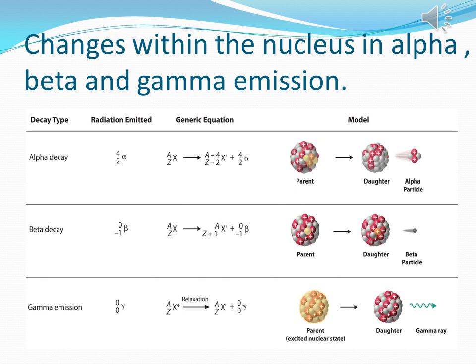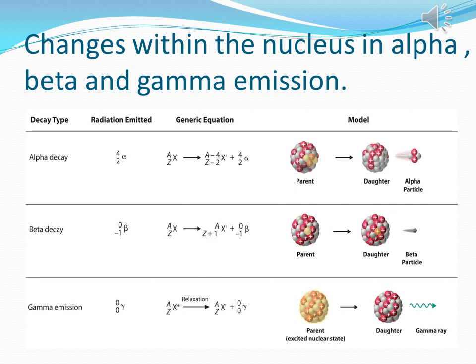If the nucleus X of a radioactive element of mass number A and atomic number Z emits an alpha particle, the atomic number Z decreases by 2 units and the mass number A decreases by 4 units.